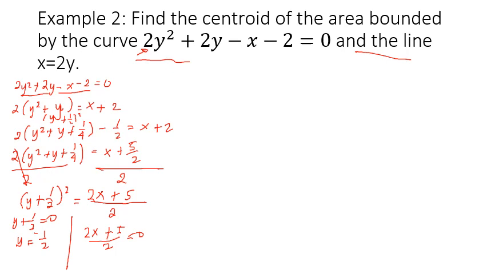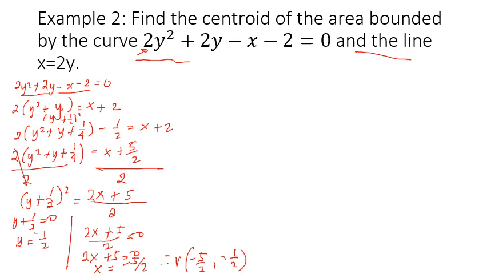So 2x plus 5 is equal to 0, and x is equal to negative 5 all over 2. So therefore, our vertex: let's write the x first, negative 5/2, then the value of y, negative 1/2. This is our vertex.